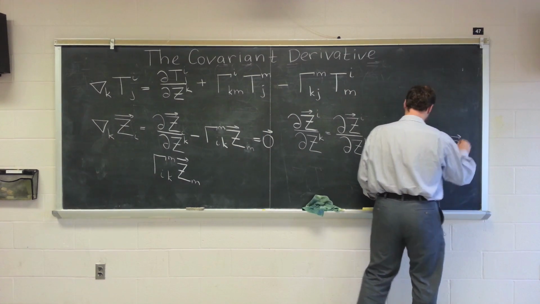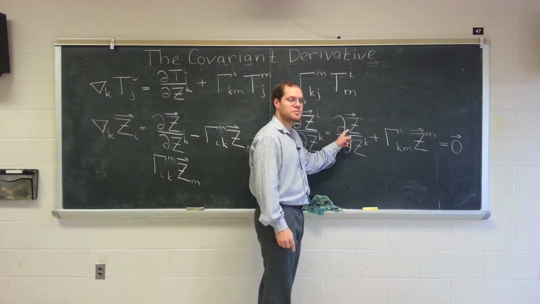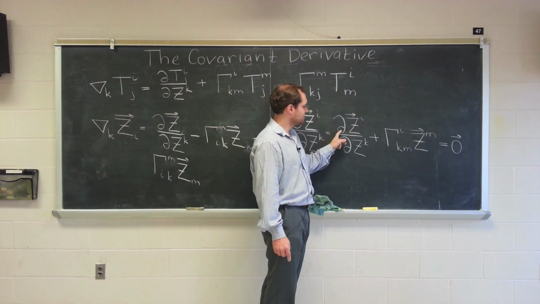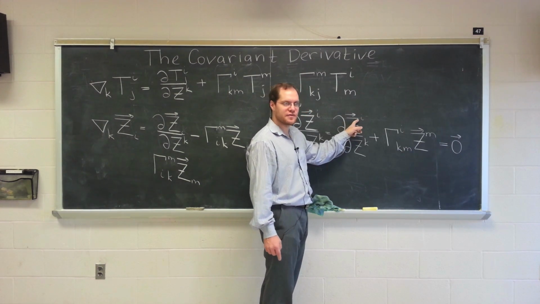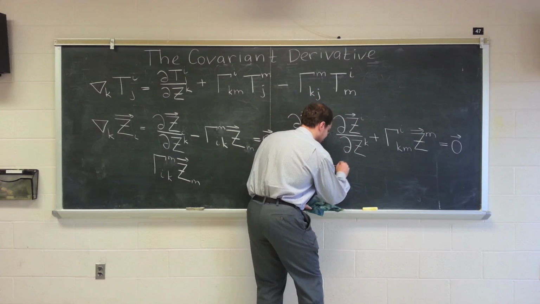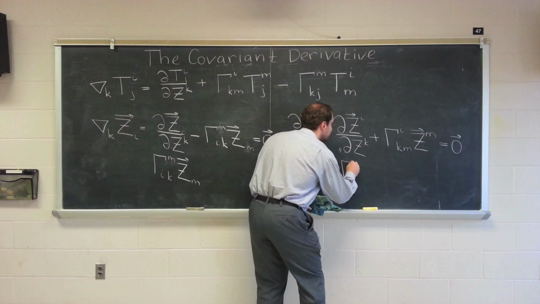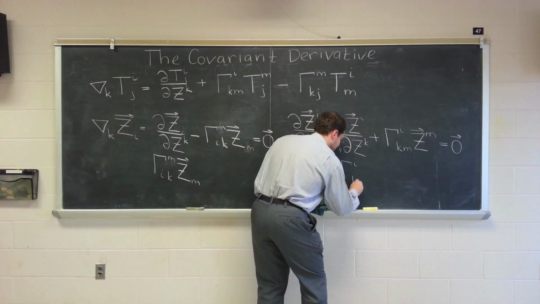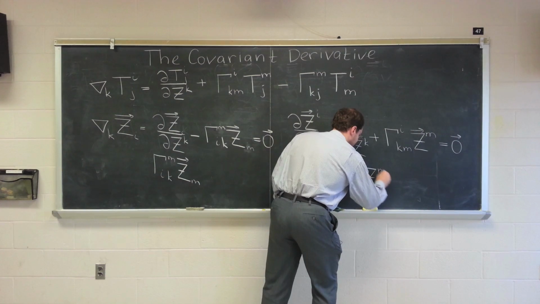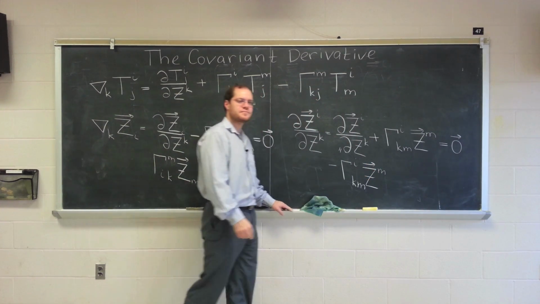Why minus? Because when you look, maybe a page back, when you express the derivative of the contravariant basis with respect to the coordinate, it becomes minus, this equals minus gamma i k m z^m.